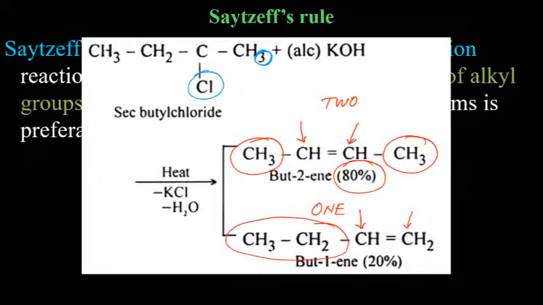The product which has the greater total number of alkyl groups attached to the doubly bonded carbon atoms will be preferred. That is Saytzeff rule. Clear? Any confusion, just let me know.